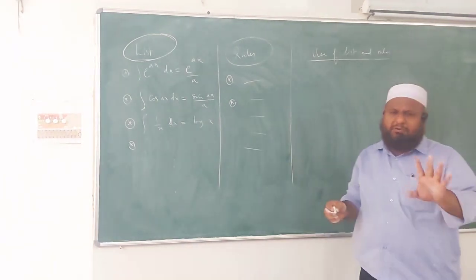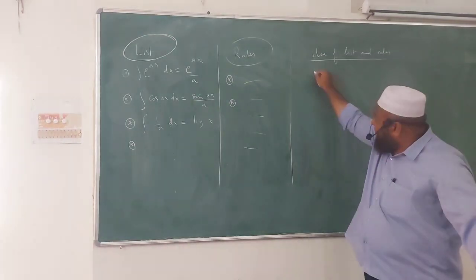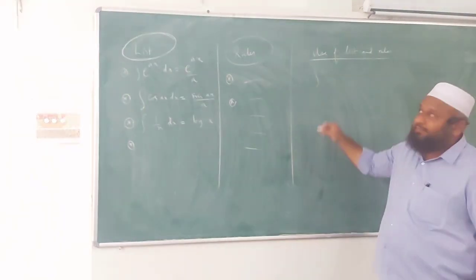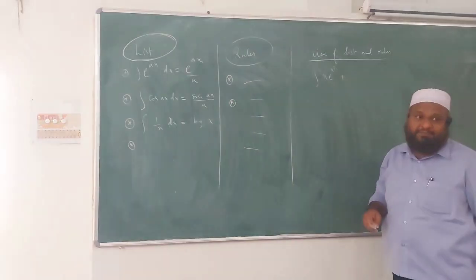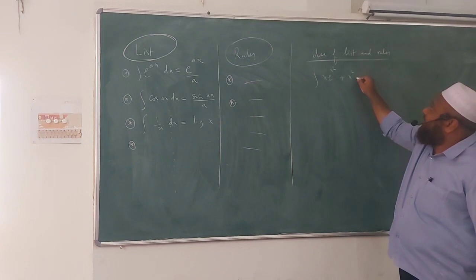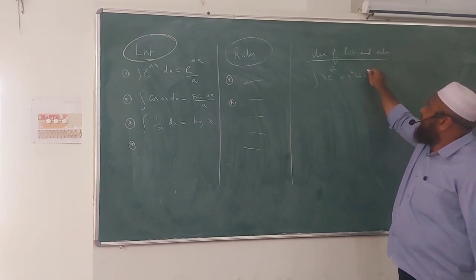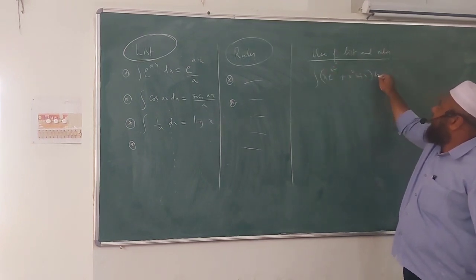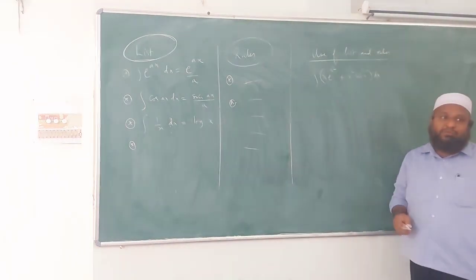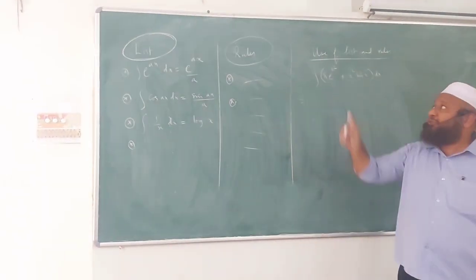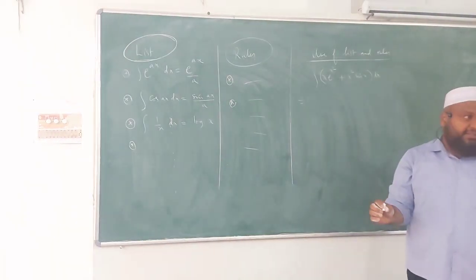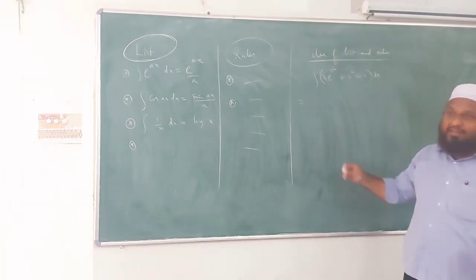Let us handle one problem. If the question comes integral x e to the power of x square plus x square sin x, this complete with dx. Now what to do? At the first step, using the sum rule you can separate it into two integrals. What are the two integrals?